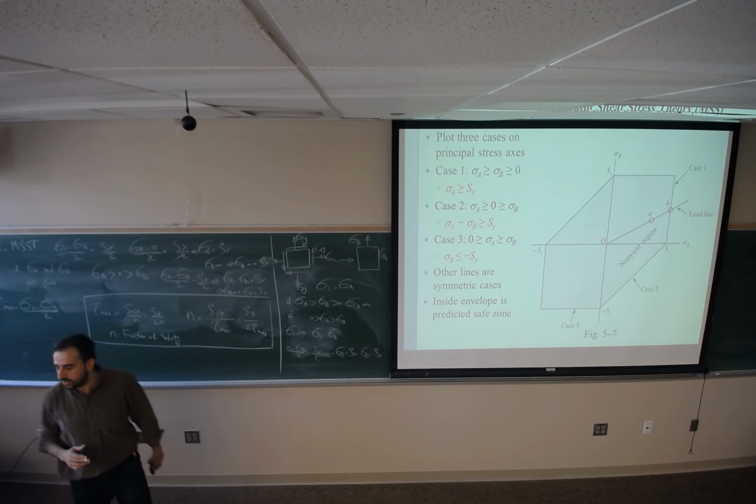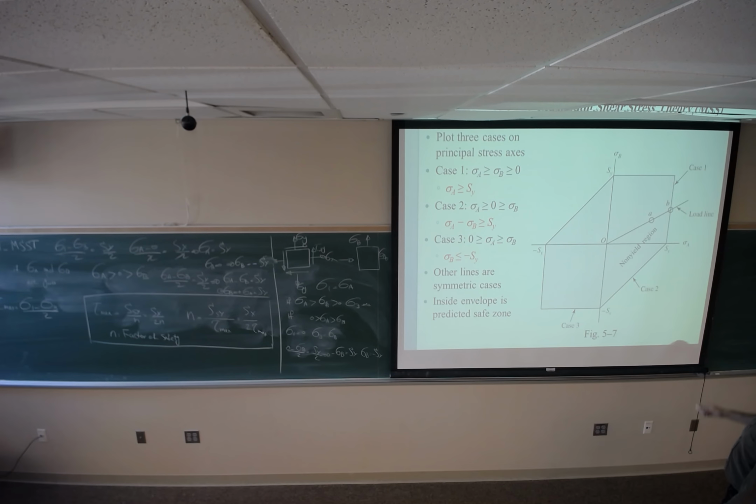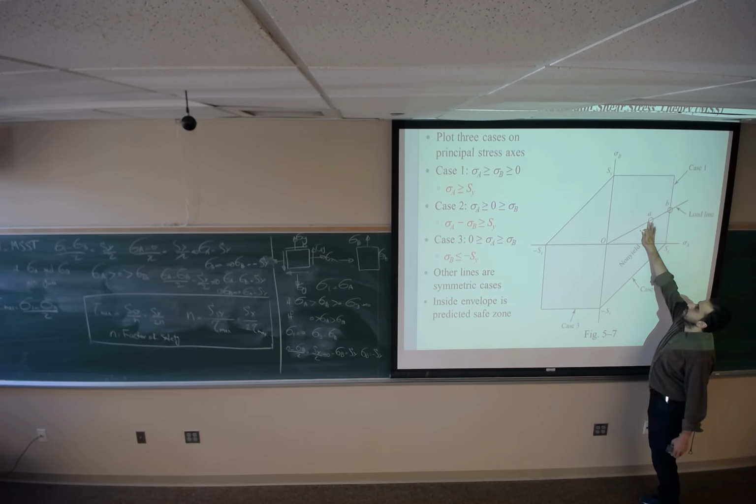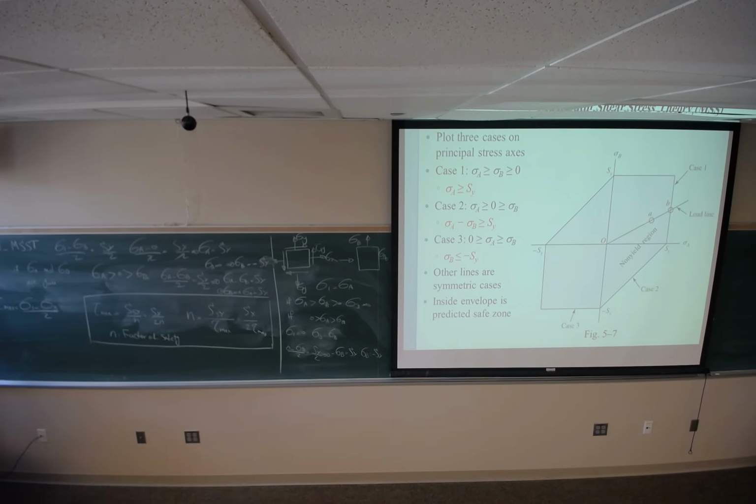Based on the loads applied to the component, the values of sigma A and sigma B are given, and it's going to be at point A. So if you connect this point to the origin and continue, we call this the load line.